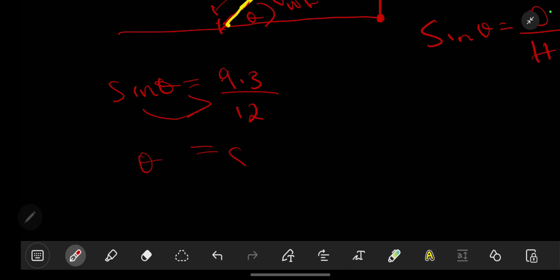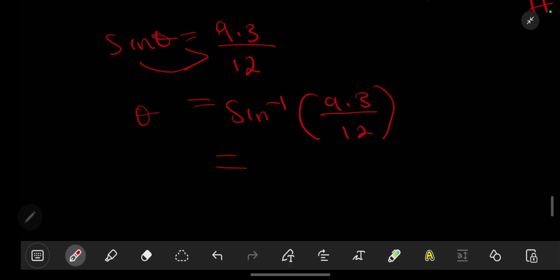So our theta will be equal to sine inverse of 9.3 over 12. This will give us an angle of 50.8 degrees. So this is our value of theta.